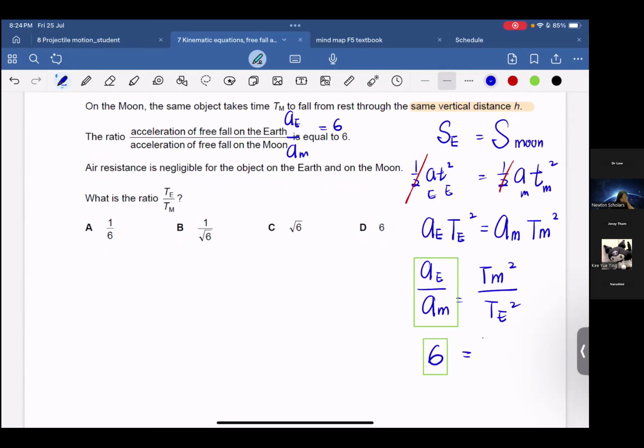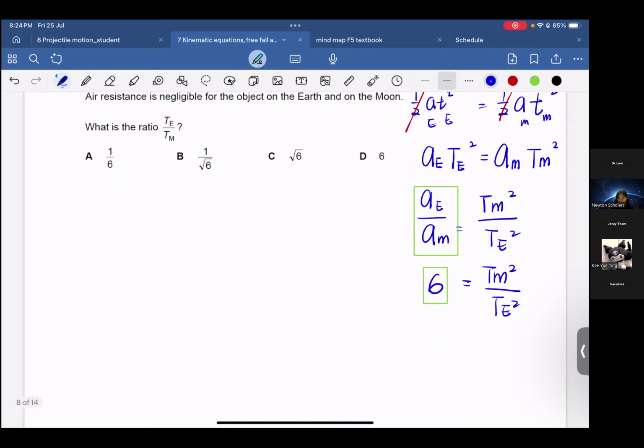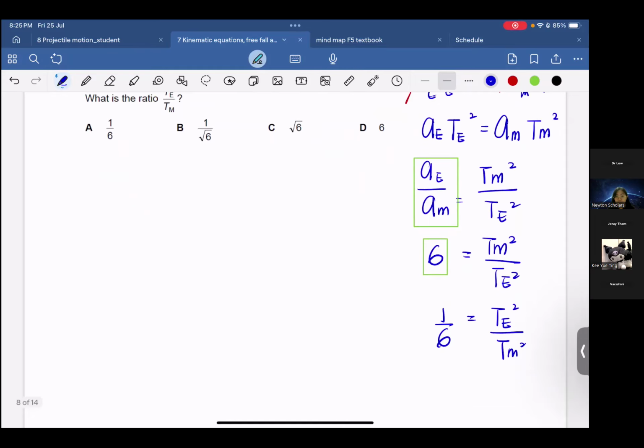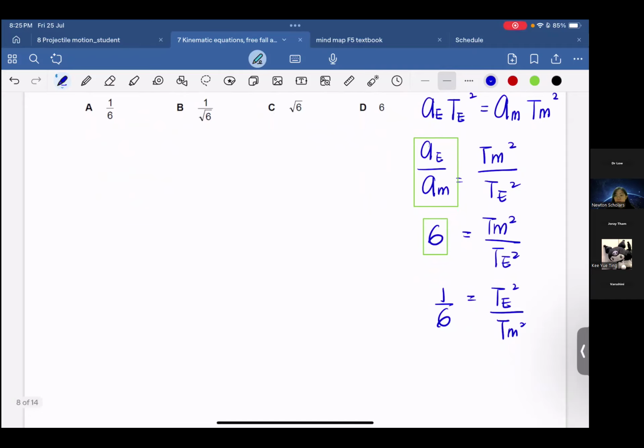Okay, 6 equals Tm squared over Te squared. Now the question is asking you Te over Tm. So I rearrange: Te squared over Tm squared is actually 1/6. But then it is not yet finished. Vashini, here not yet finished. Why? Because there is a square. Answer is B, correct?